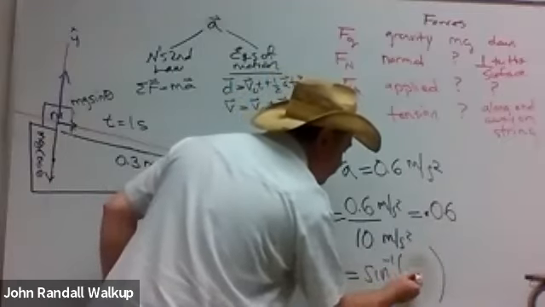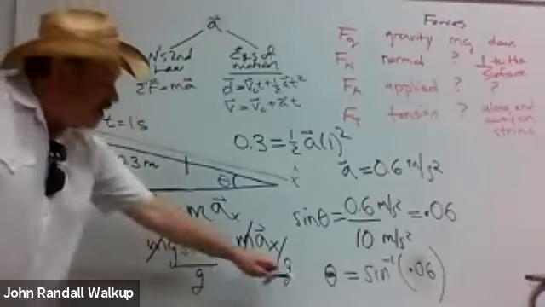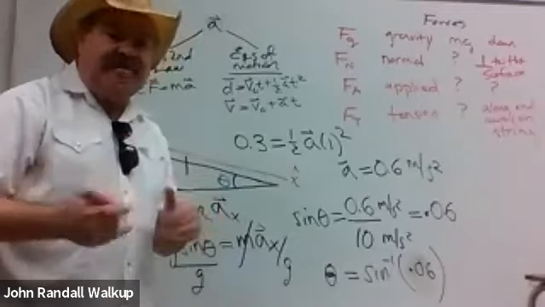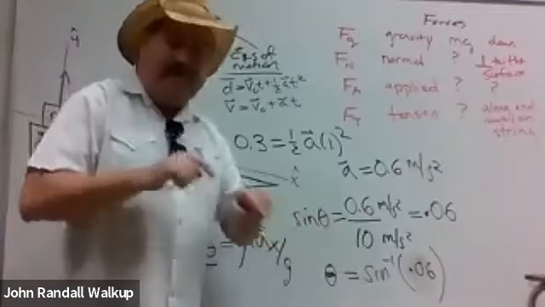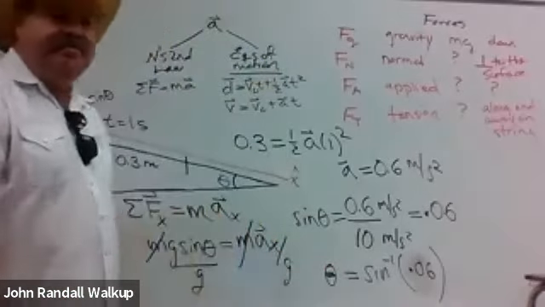And you're done, there it is. I'd go to rapid tables, the inverse sine or arc sine. I would type in 0.06, hit the little button, and it'll tell me what angle it is.